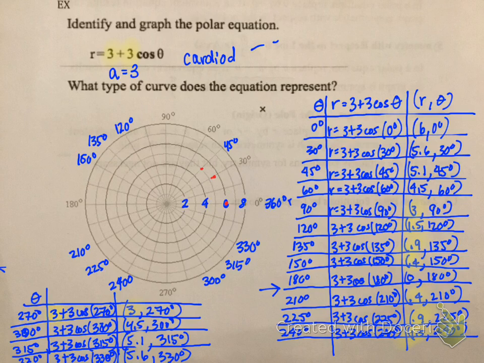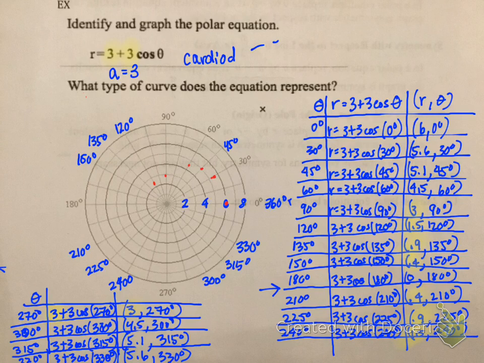At 60 degrees, it's 4.5. At 90 degrees, it is 3. At 120 degrees, it's 1.5. Okay, that's about right there. At 135, it is 0.9.